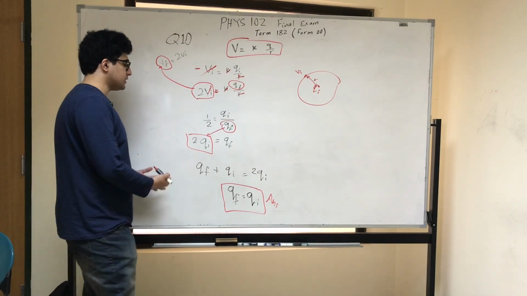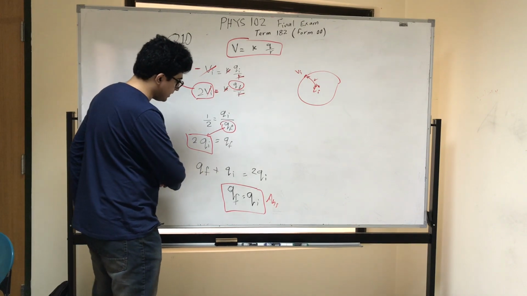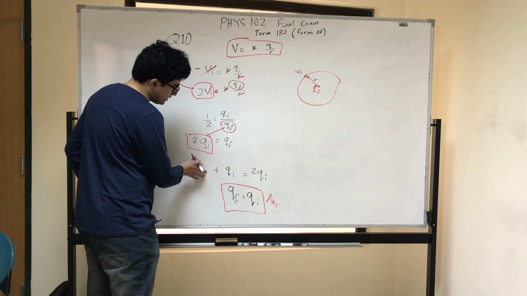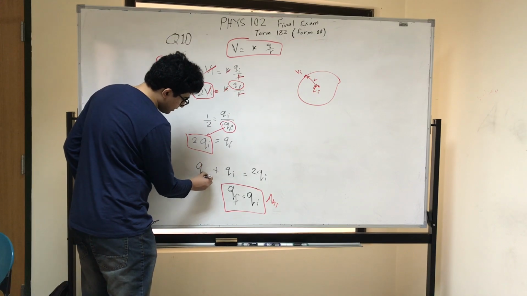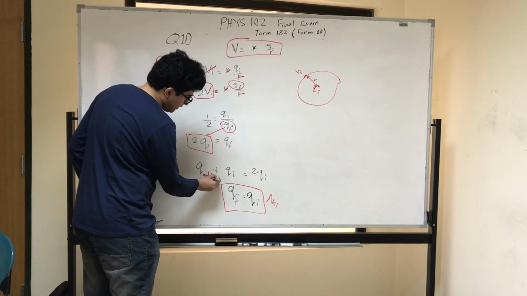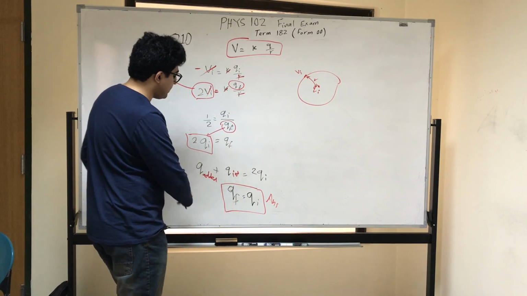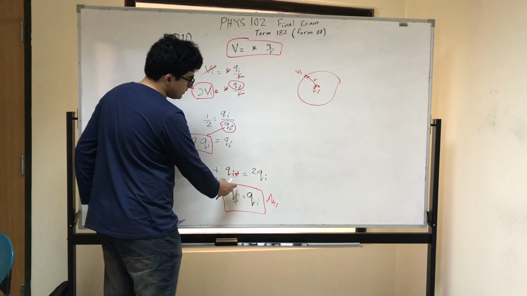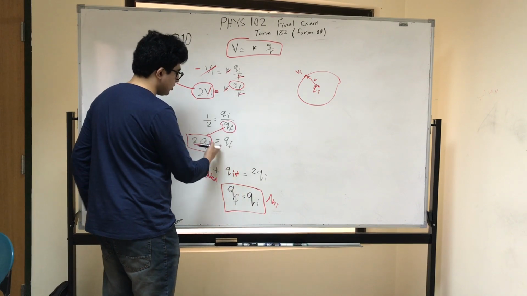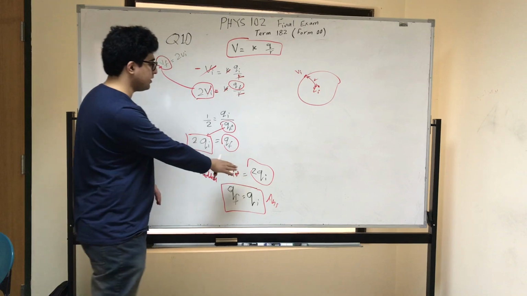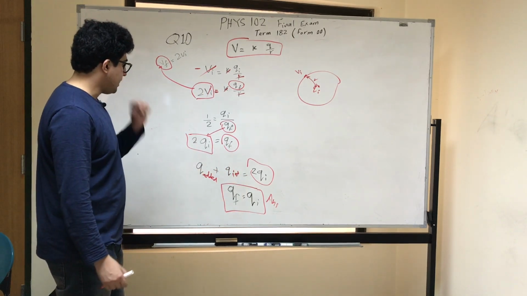In order to solve this mathematically, we could say that let's call this the added charge, and here is the initial charge. So the added charge plus the initial charge is going to be equal to the total or final charge, which is equal to 2 times the initial charge.